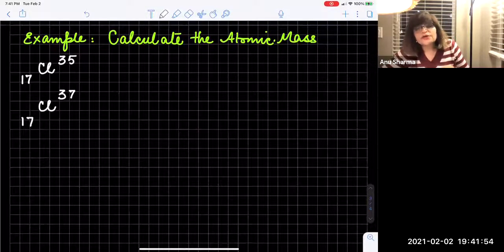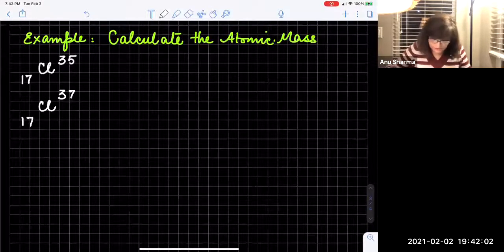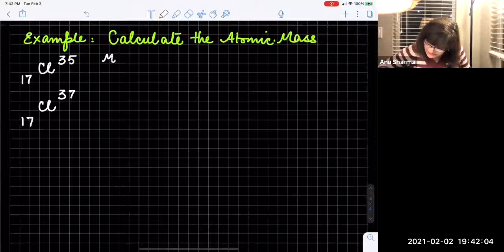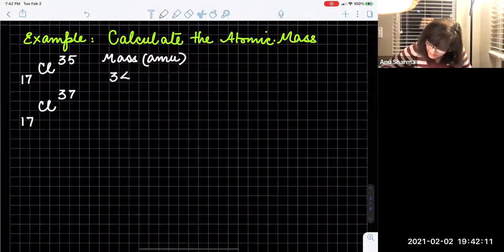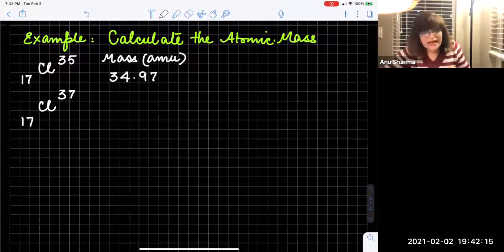And usually, the one that is less abundant is the one that's unstable and in a small amount, but still we need to bring it in. So here are the masses in atomic mass units. Here is 34.97, and we round it up to 35. But the reality is that, for chlorine, that is the actual mass of this.